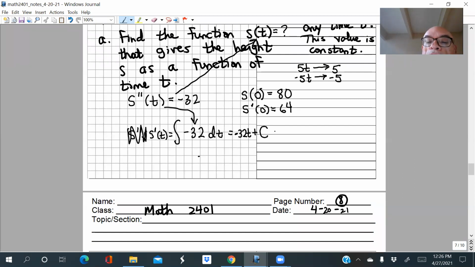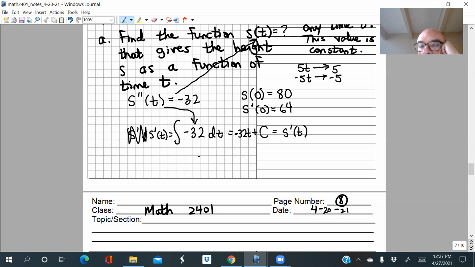So there is my first derivative. It looks something like this. It's minus 32t plus some constant. Now I have to figure out what that blasted constant is, though. Because I can't have this vague constant in my formula for the first derivative.